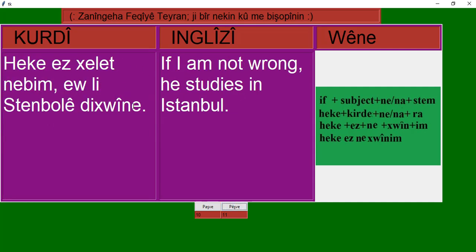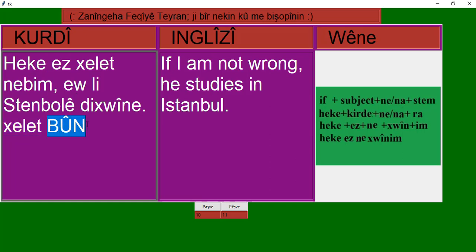Khalat. Okay, heka as khalat nabab, it says if I am not wrong, he studies in Istanbul. If I am not wrong, khalat bun. We can think of this word as khalat bun. So when we think about this, how do we get the stem of bun?